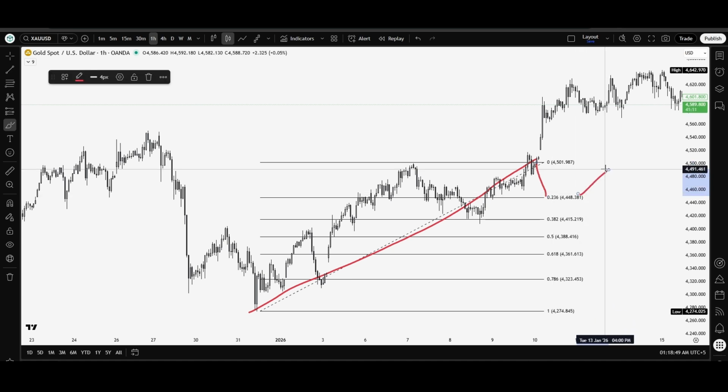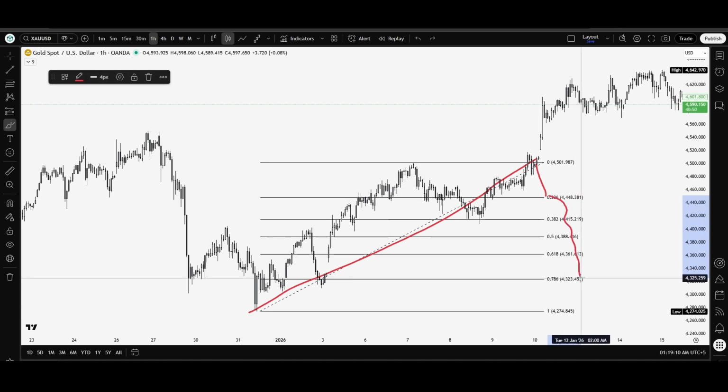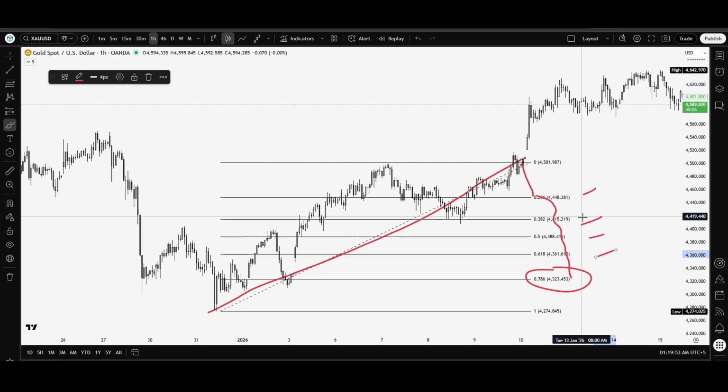A 23% retracement is very small for any trend, and even if a trend retraces 23% and then continues, it's not a healthy retracement for any asset. And in the second case, if any asset retraces up to the 78% level, that's not a good time to buy because this indicates that the buyers couldn't hold any of these above levels. So 78% isn't a good retracement, just like 23%.